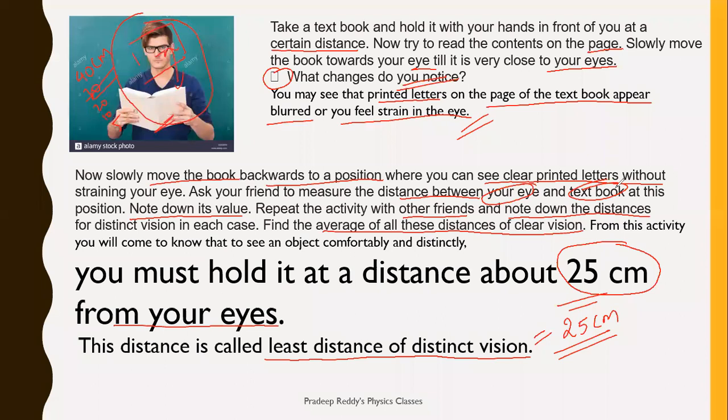Whereas in the case of elders, like your grandfather, grandmother, their least distance will be slightly different. And moreover, for children whose age is very low, infants, it will not be 25 either, it will be some other value. But an adult's average least distance of distinct vision will be 25 centimeter.